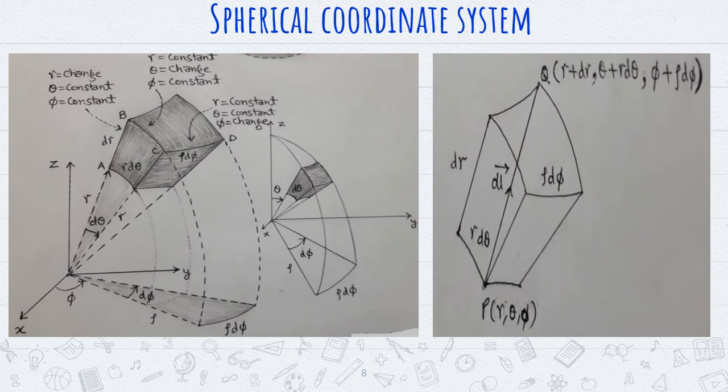How can we find the differential length? We draw a line between P and Q and find the distance between P and Q, and that gives the differential length. That is the meaning of this diagram.